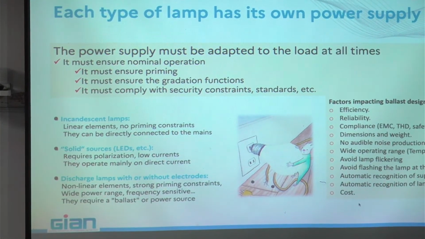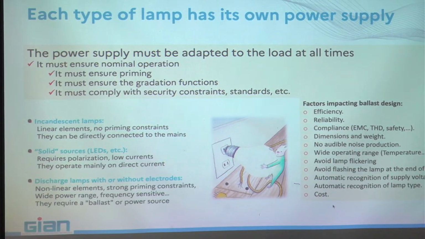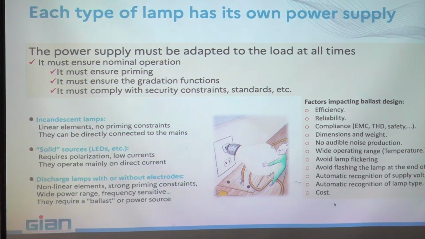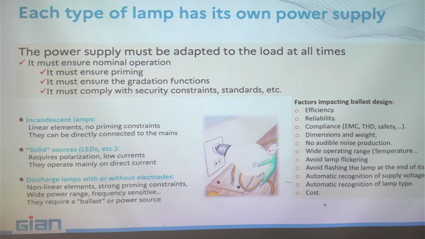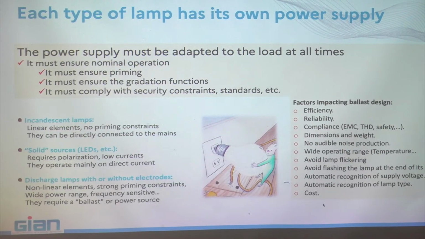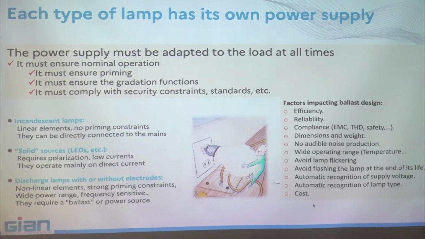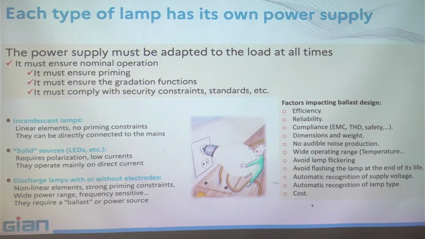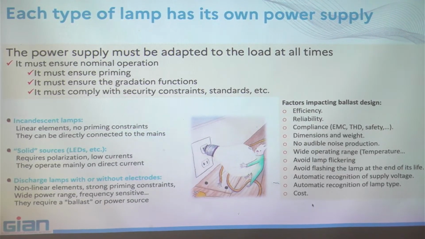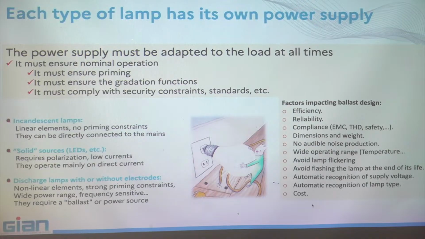In fact, when I said each kind of lamp has its own power supply, its family of lamps, if you want. The old incandescent lamps are almost linear elements. They are ohmic resistors, even if the resistance can change with the filament temperature, but the filament temperature is almost fixed. They don't have ignition, priming, sorry for the word, I think it was when I made the translation, priming means ignition, I will correct the word.